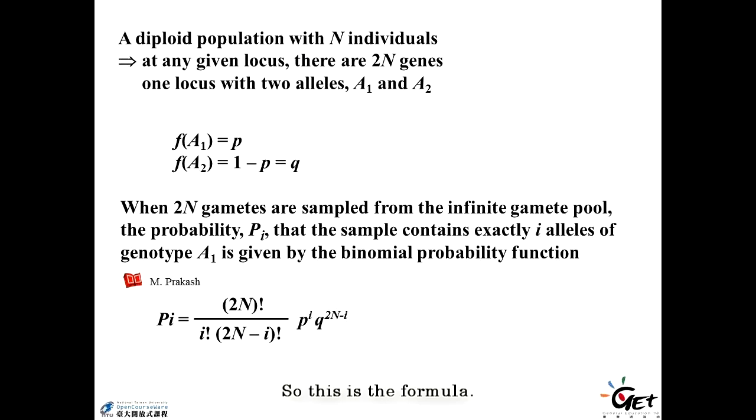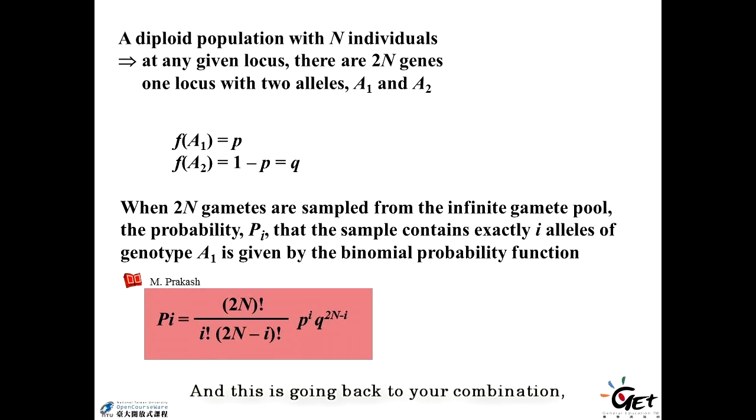So this is the formula. We calculate the probability of one particular allele frequency occurring in the next generation. We still have 2n gametes, and you sample from a gene pool. Then you want to estimate the potential frequency, or the probability, of allele i in the next generation.